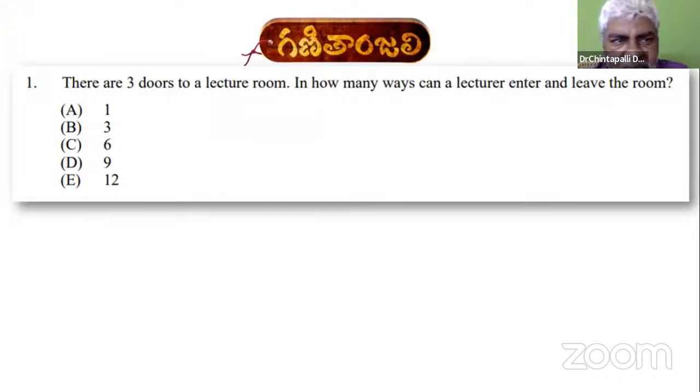Any idea about it? There are 3 doors to a lecture room. In how many ways can a lecturer enter and leave the room? This question is used to introduce permutations and combinations.